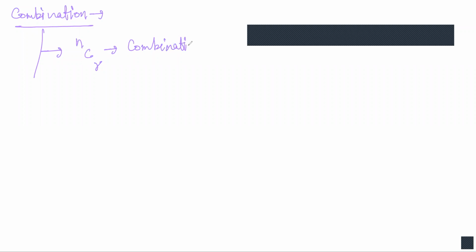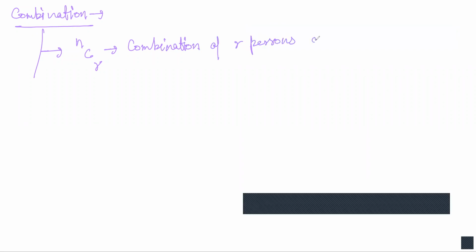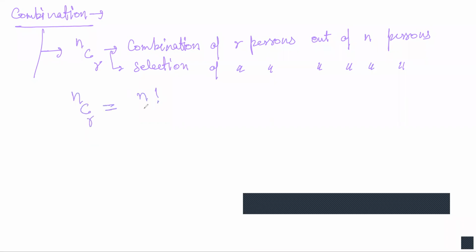Either understand this mathematical statement as combination of r persons out of n persons, or selection of r persons out of n persons. nCr को हम open कैसे करते हैं? What's the formula for nCr? n factorial divided by r factorial into n minus r factorial.